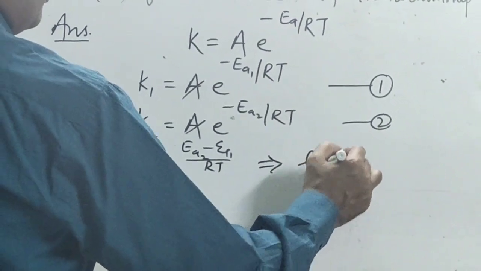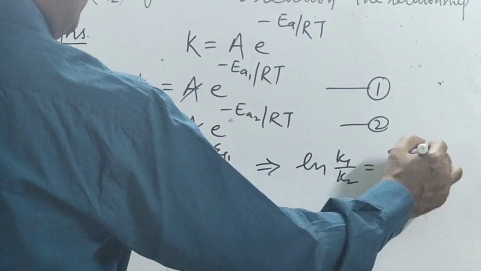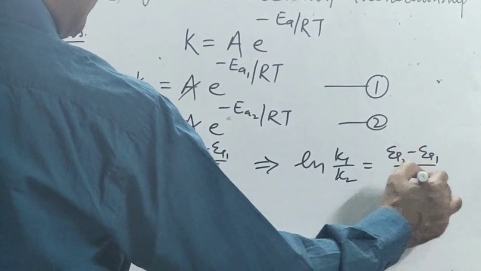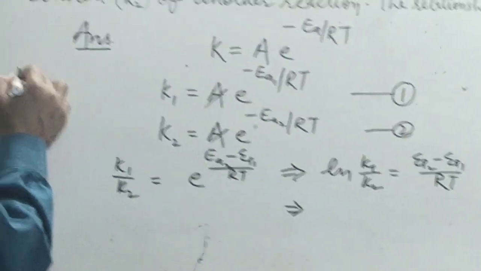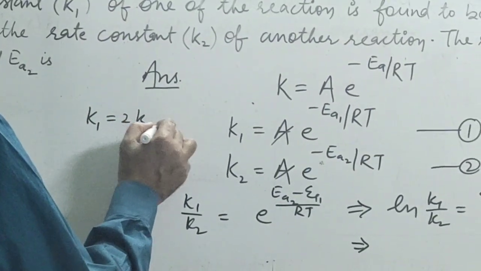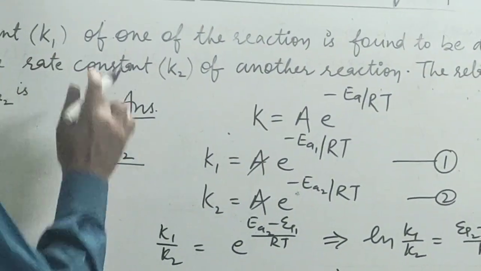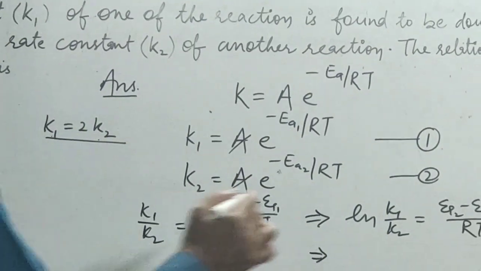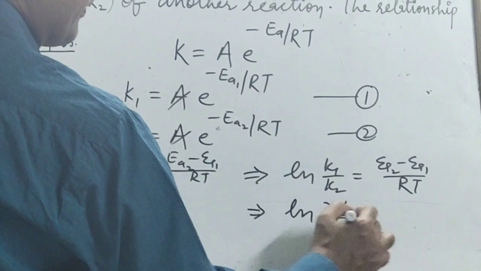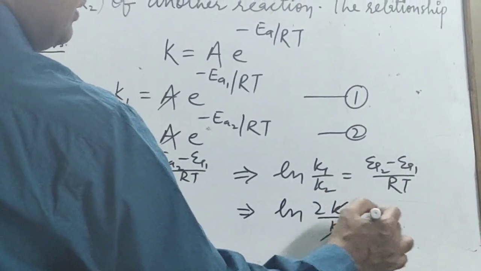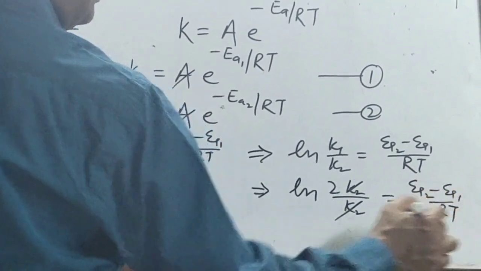Taking log, log K1 upon K2 is equal to Ea2 minus Ea1 upon RT, and K1 is given as 2 into K2. The rate constant of one reaction is double that of the second. It means K1 is equal to 2K2. So log of 2K2 upon K2 is equal to Ea2 minus Ea1 upon RT.